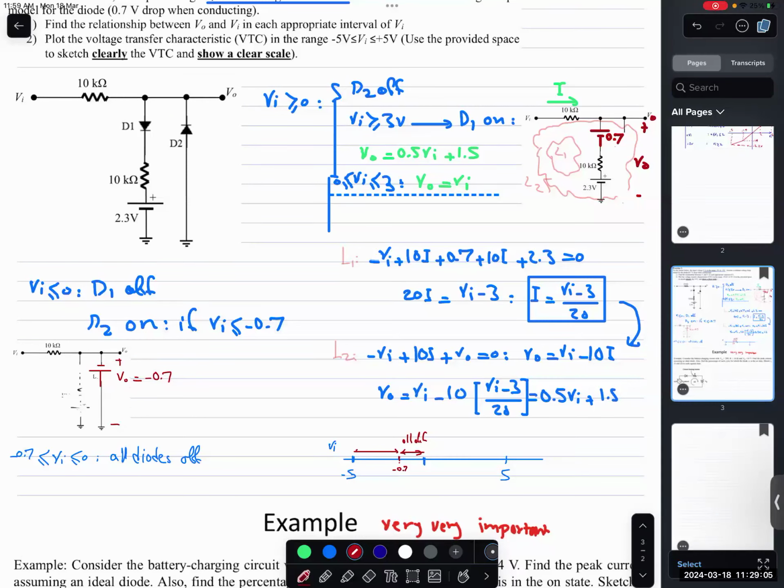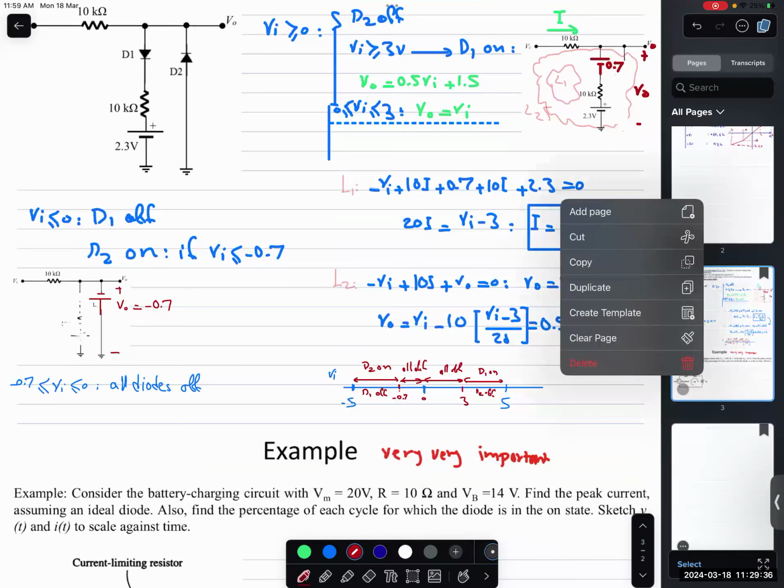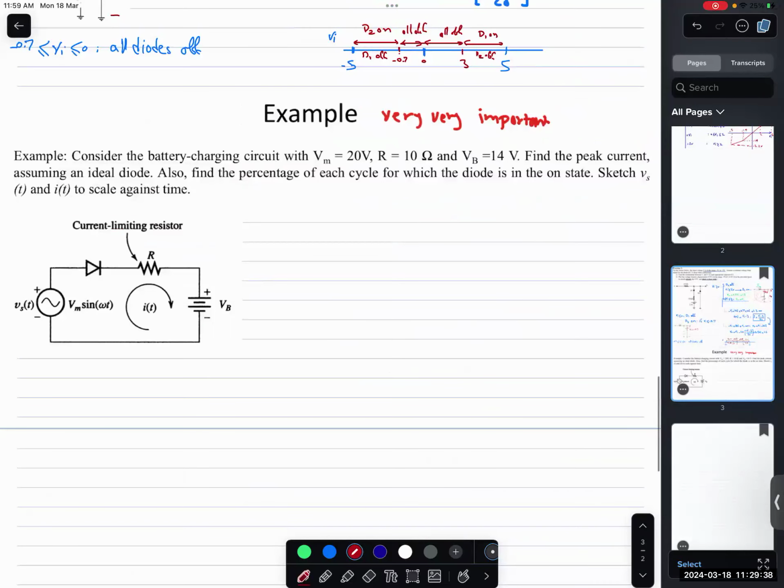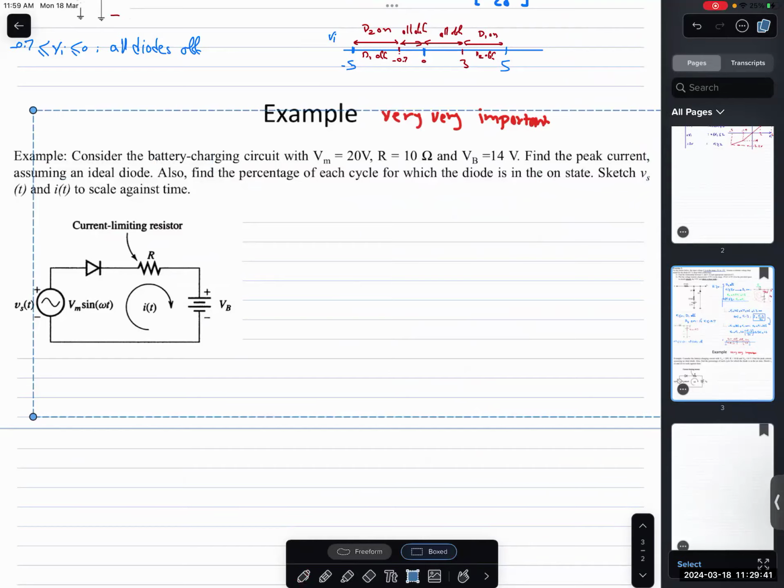Then from minus 0.7 to 3, all diodes are off. Then from 3 to 5, D1 is on, D2 is off. So I wrote all possible cases. Now I can draw it.